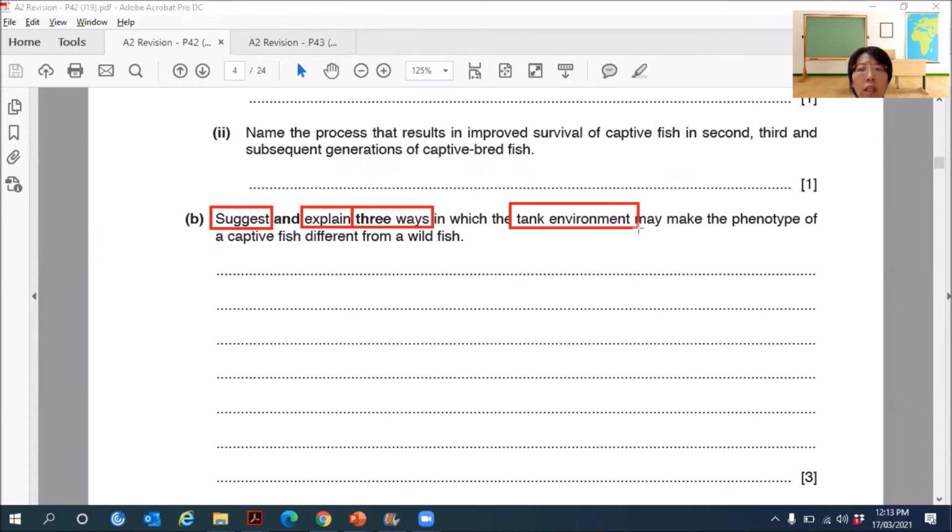any changes in the population phenotype with time is due to the selection pressure.